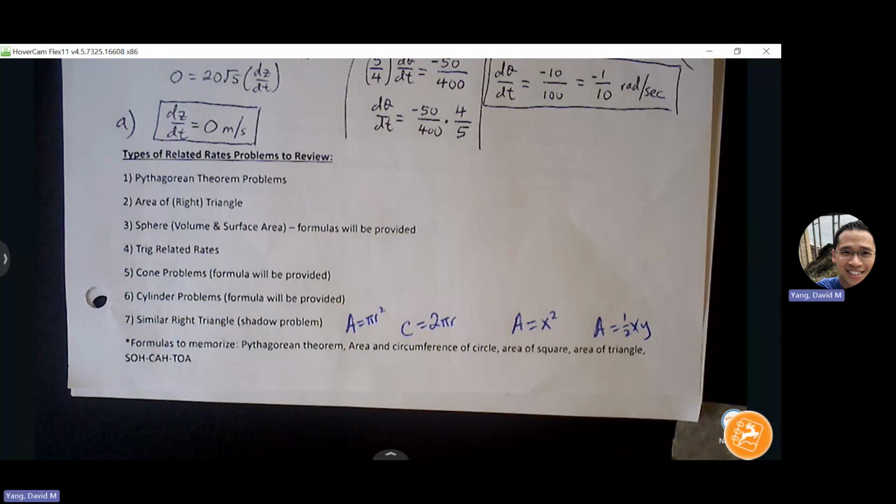Can you do number 9 on the 4.3 AP practice? Which page is that? 26. Okay, I'll go over that.